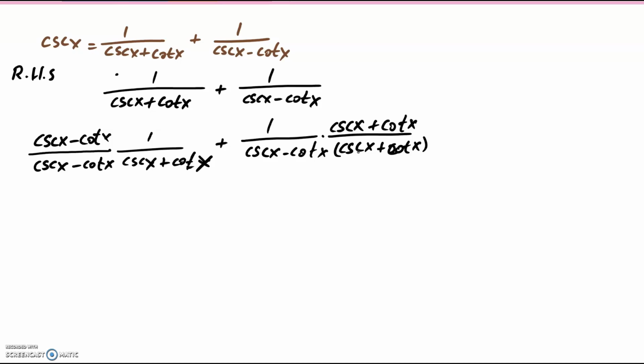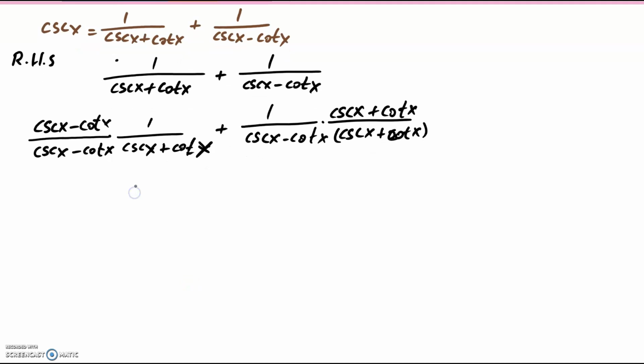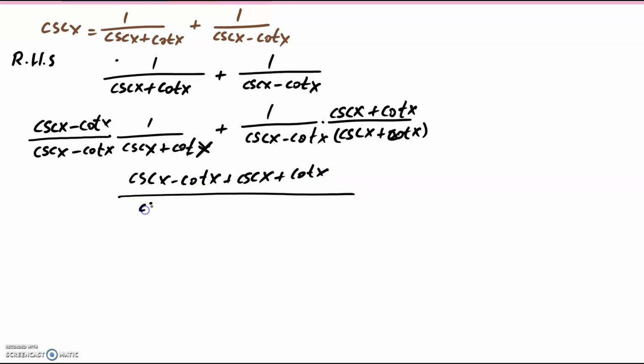Now let's combine them. When you combine them, it's going to be cosecant x minus cot x plus cosecant x plus cot x over cosecant x minus cot x and cosecant x plus cot x.